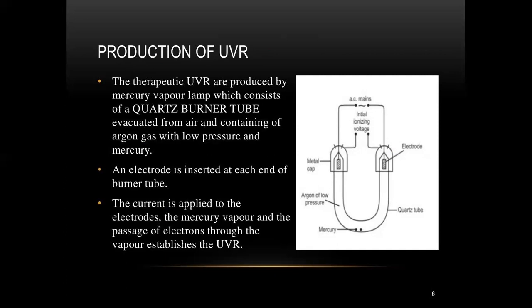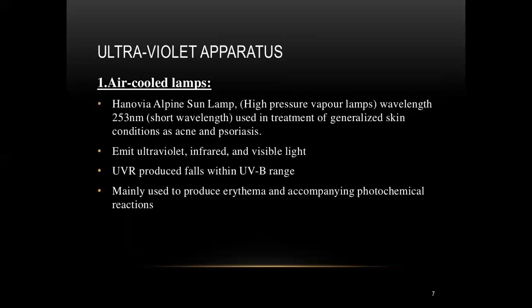As you can see, the quartz burner tube, which has a mercury metal cap, the initial ionizing voltage, the two AC mains, and an electrode. It produces the UVR. The UVR apparatus. First, the air-cooled lamps. Hanovia Alpine Sun Lamp.